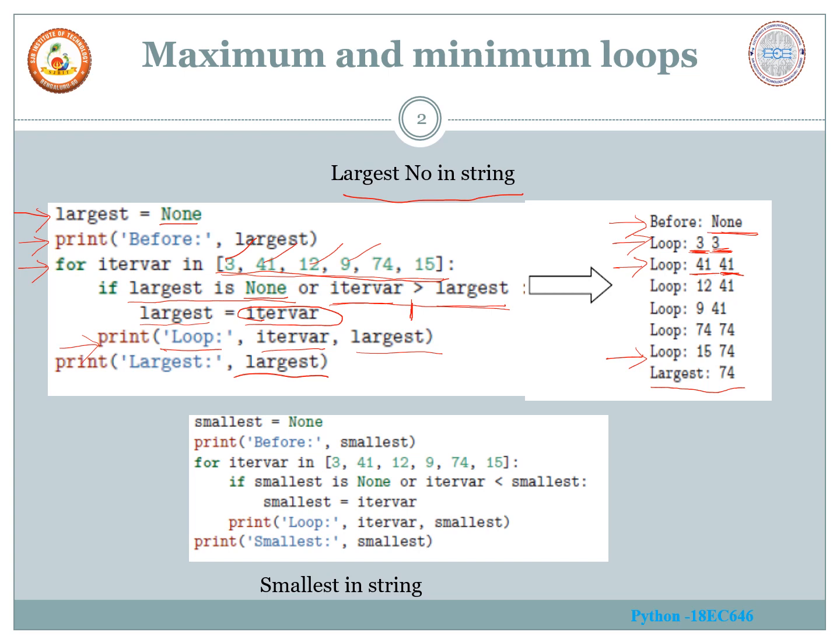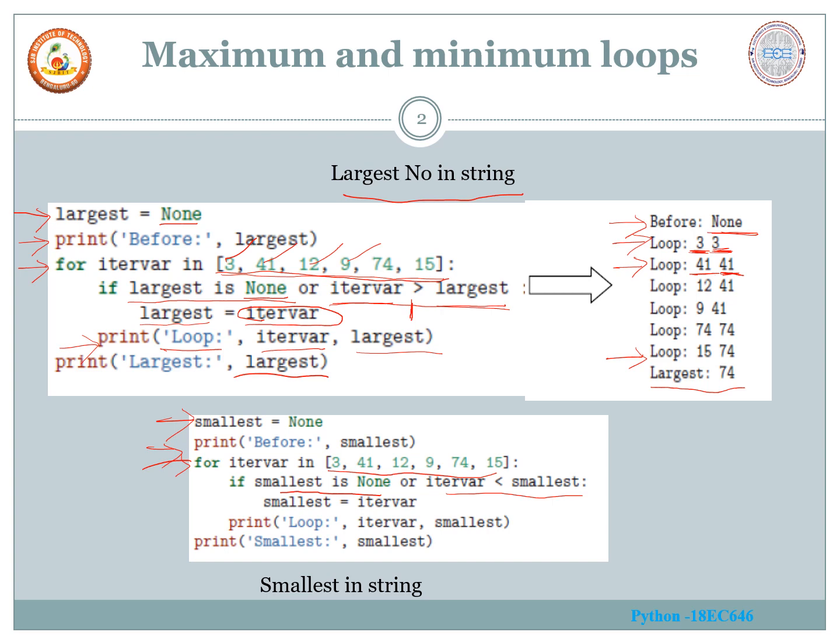In a similar way, when we want to find out the smallest value, in that case we are going to initialize a variable called smallest, and we are printing before, the smallest is nothing but None. Starting with the loop for the iteration variable in the given list, we are checking if smallest is None or the iteration variable is less than the smallest.